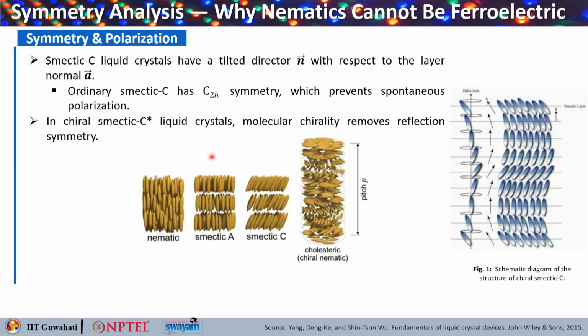However, if you take chiral smectic C, which is called C star, in this kind of liquid crystal, which is something like this, you can see the molecular chirality removes the reflection symmetry. So these are the different layers, and there is chirality in that.